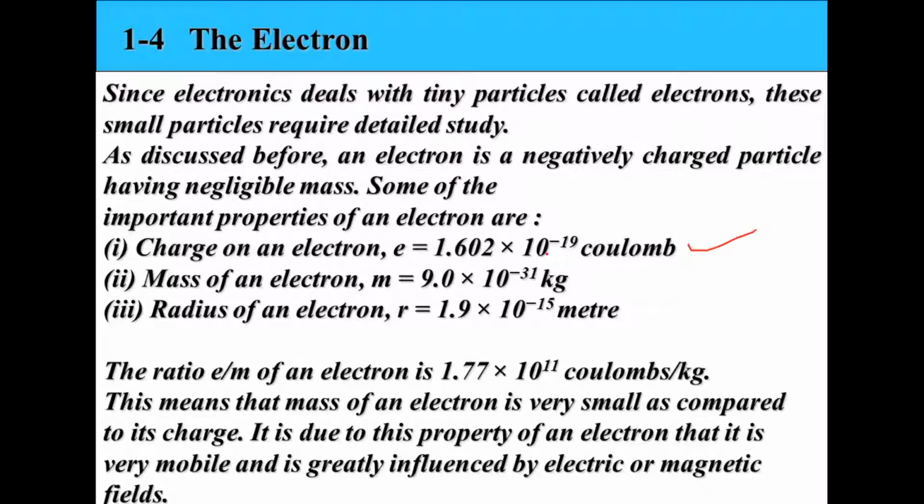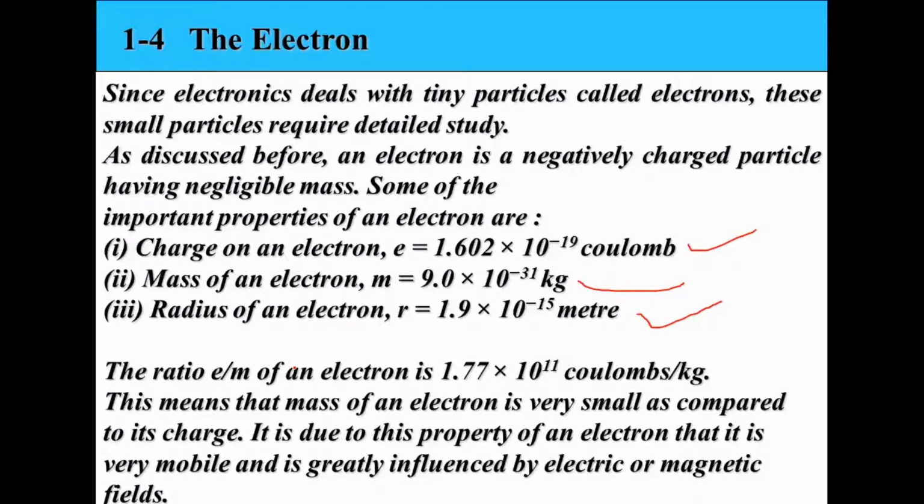We need to note all these values because these properties will be needed for our future calculations. The mass of an electron is 9.0 times 10 to the minus 31 kilogram, and the radius of an electron is 1.9 times 10 to the minus 15 meter.